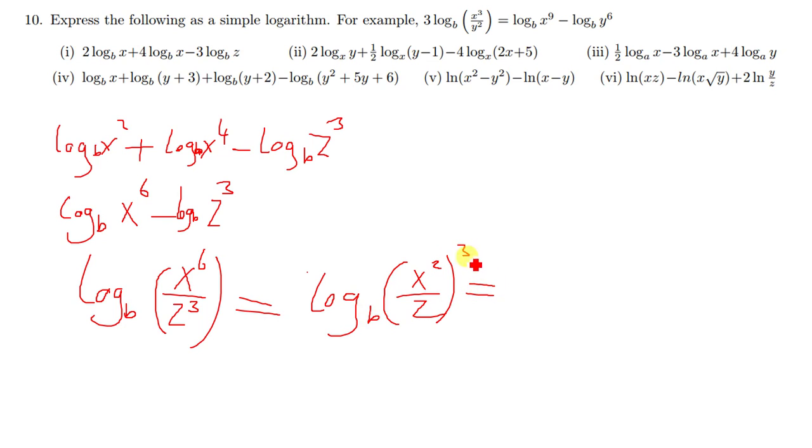Then from there you can bring down this 3, so it's going to be 3 log of x squared over z, to the base b.